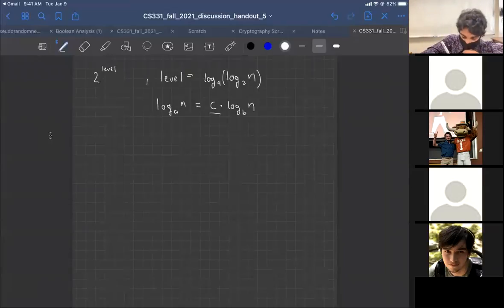When it is in an exponent, do you agree that 2 to the 2n and 2 to the n are not theta of each other? Because 2 to the 2n is 4 to the n and this is 2 to the n. And these are not theta of each other, even though 2n and n are theta of each other. So you have to be careful here.